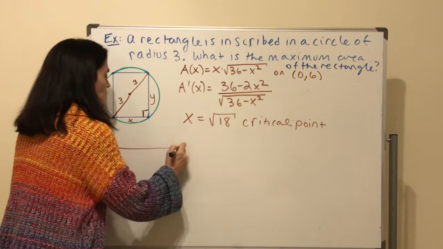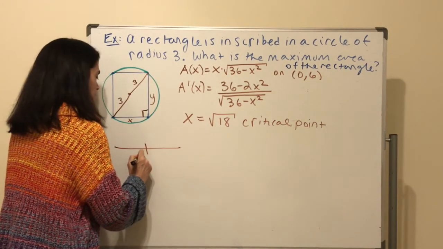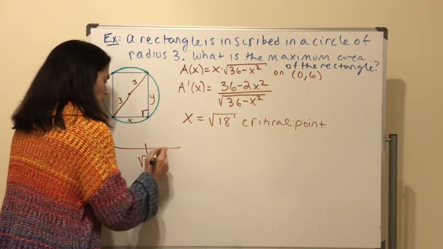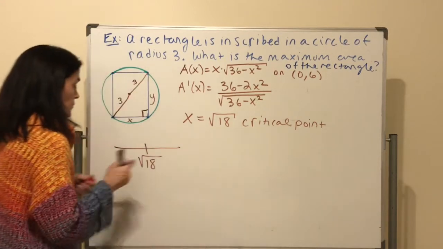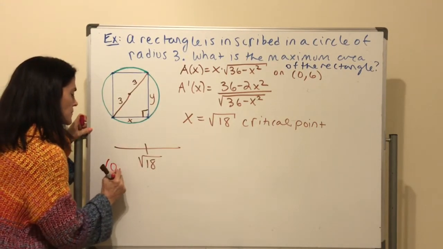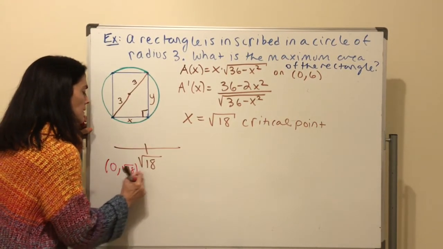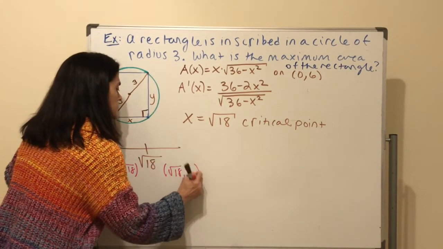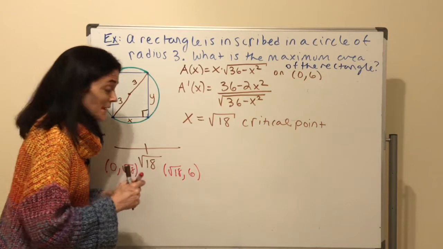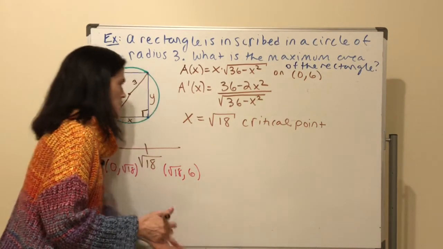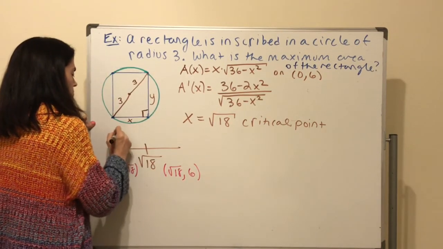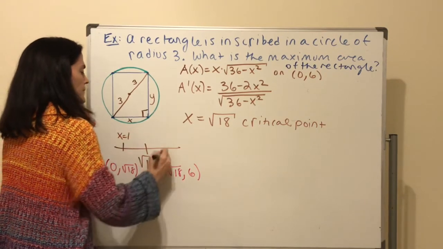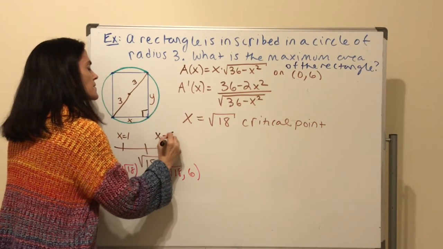We will draw a number line, and the intervals here would be open 0 to square root 18 and square root 18 to 6. And then we pick something in each interval. Okay, let's use x equals 1, x equals 5.